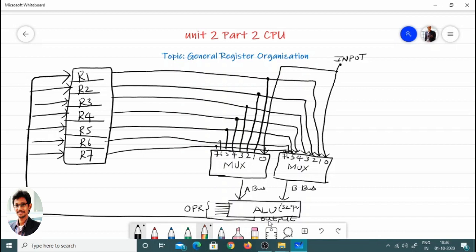To which register this particular output has to go, that is decided by this particular 3/8 decoder. Since there are 7 registers, I am using 3 input lines to select one of the registers. These 3 input lines are denoted by SELD.